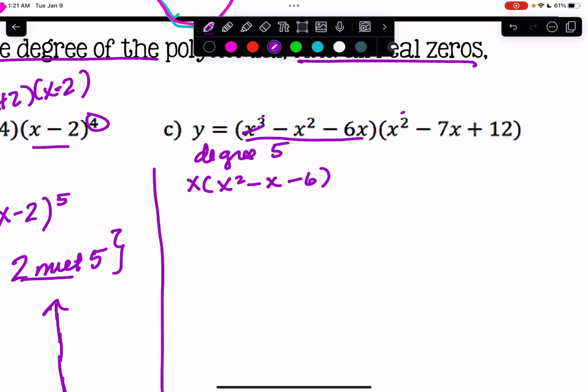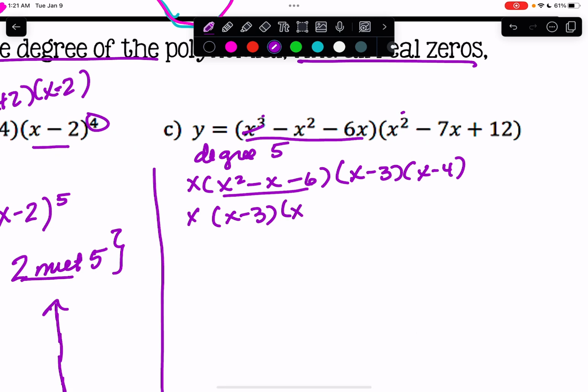And then we can factor that into x minus 3, x plus 2. And then x minus 4, and x minus 3.